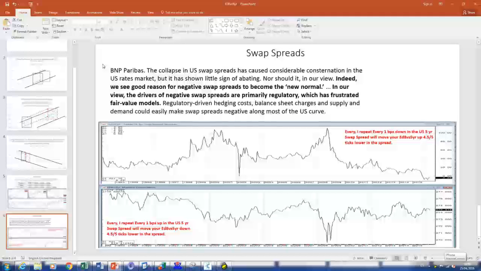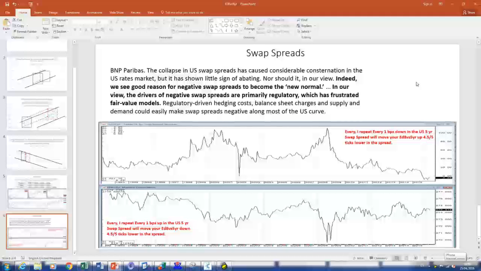For every 1 basis point up move, so 1 basis point, this number here, which is minus 4.26, if that moves to minus 3.26, so it goes up 1 basis point, it will move your Eurodollar to the 5-year down 4.5 to 5 ticks lower in the spread.